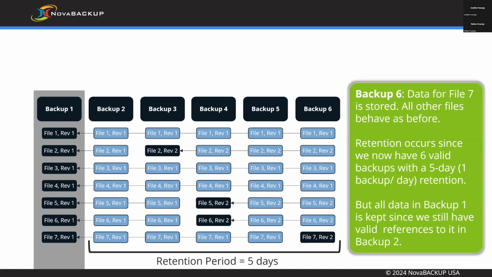Backup 6, for whatever reason, I have a retention period of 5 days. A retention period of 5 days means 5 backups, and 5 days in this case. It's going to say, okay, backup 1 is no longer within that retention period, but I still need to keep backup 1 because that's all referenced by backup 2, so I can't remove those files.